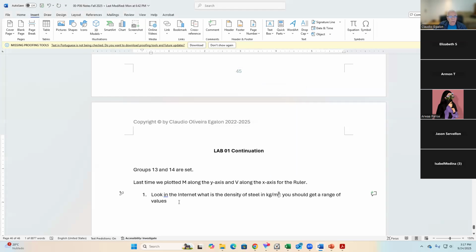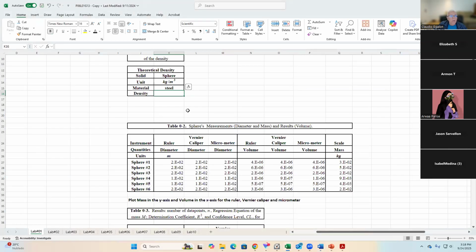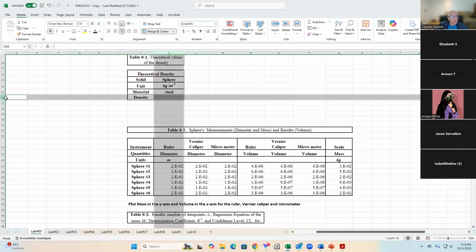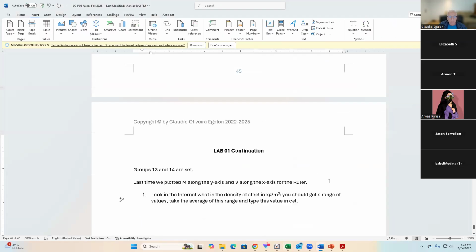You should get a range of values. We will take the average of this range and type this value in cell. What's the cell number? Cell is K16. Cell K16. Okay? Type this value in cell K16 in Excel. Okay?